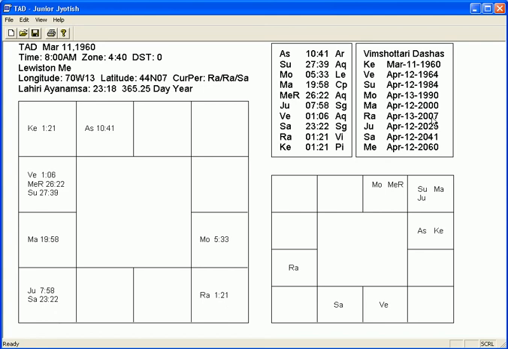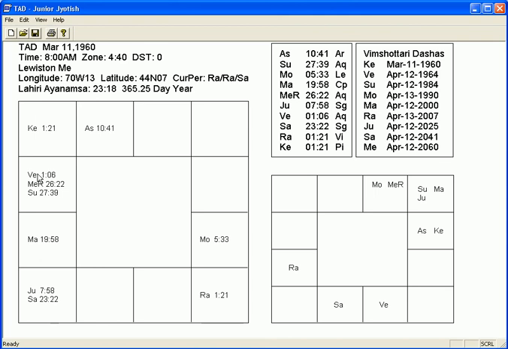But we can see here that she has some very nicely placed planets. Jupiter is nicely placed. Saturn is nicely placed, although Saturn is aspecting the Sun, which will give some sickness, possibly some diabetes here, that we want to be concerned about.